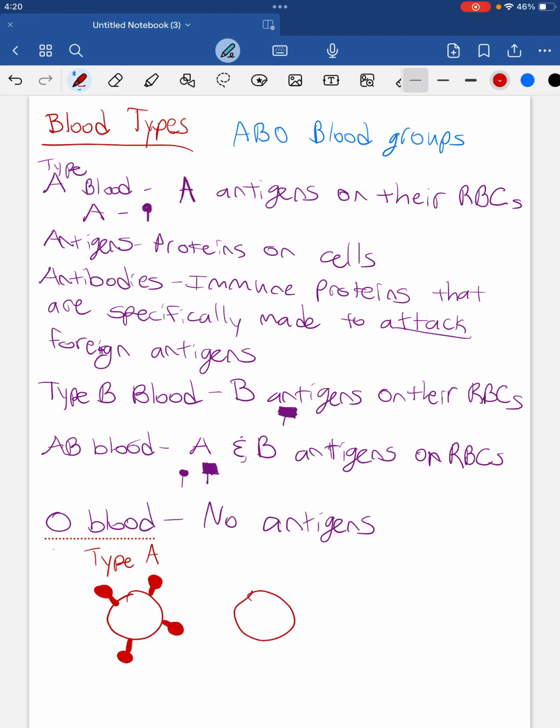This person is type B. All of their red blood cells have these B antigens. Let's say we have a little B cell here. This B cell, say you're type B blood, it's coming around surveying and it's just going to move right past. It says, oh, I know this guy, this B antigen, it's normal. So nothing's going to happen there. Let's erase that.